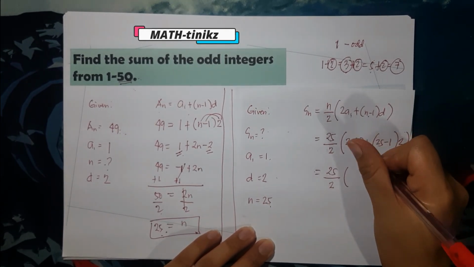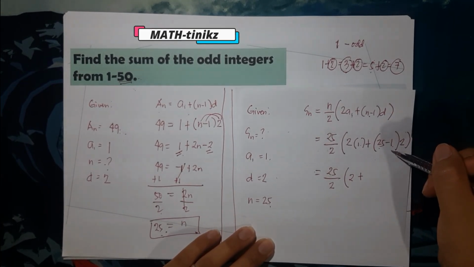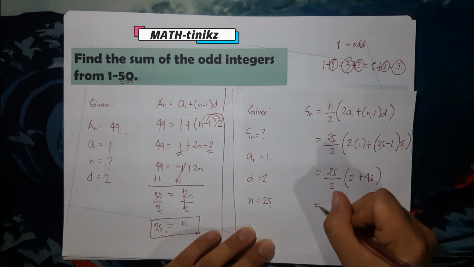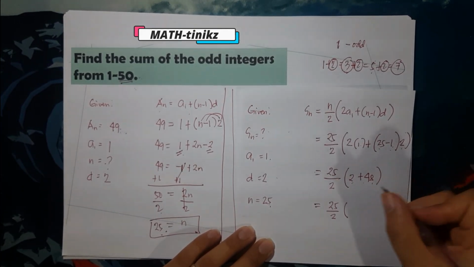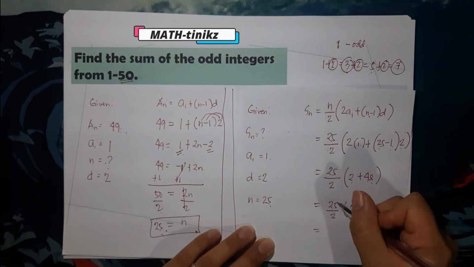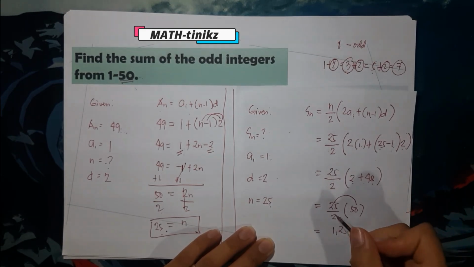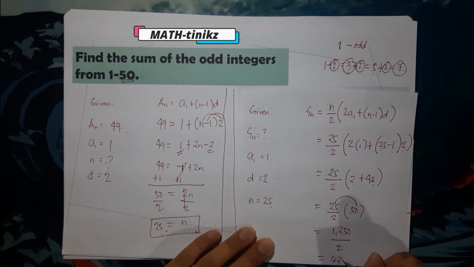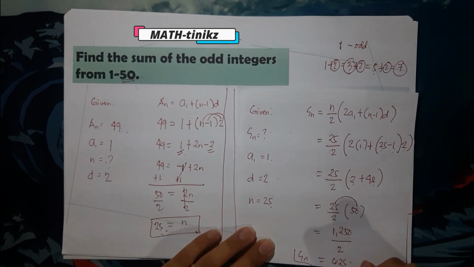And 2 times 1 equals 2, plus 24 times 2 equals 48. Copy again 25 over 2. And 2 plus 48 is equal to 50. And 25 times 50 is equal to 1,250 divided by 2 equals 625. So the sum of odd integers from 1 to 50 equals 625.